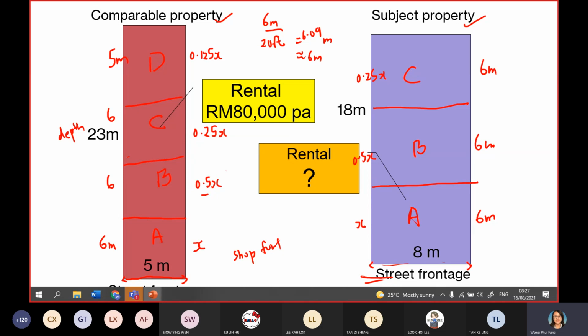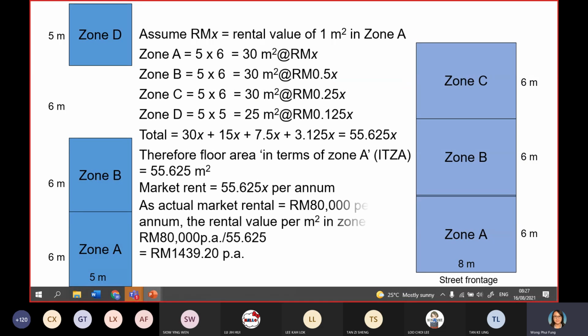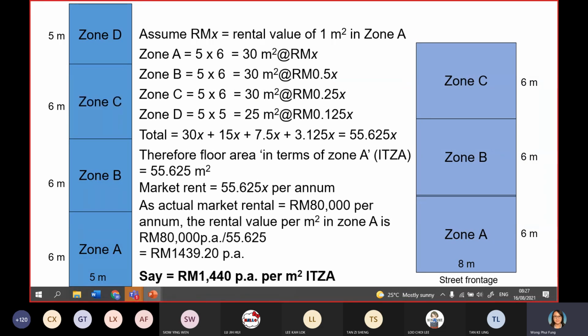Okay, so wait. Okay, I write again: X, 0.5x, 0.25x, then 0.125x.